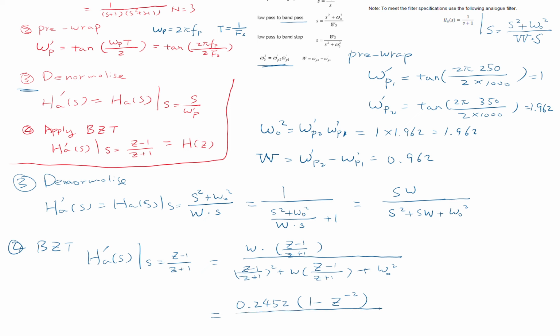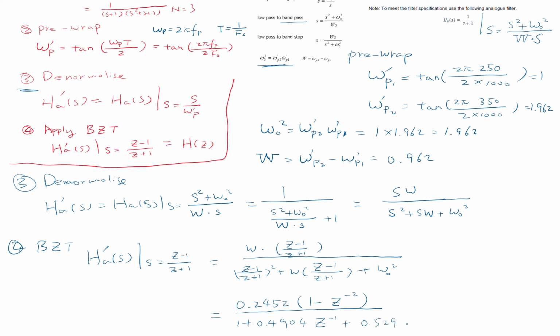We want to have Z to a negative order because that's time delay. Then 0.4904 Z to the order of -1 plus 0.5290 Z to the order of -2. That will be the final solution of this question.